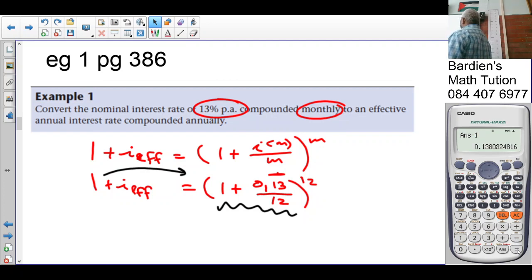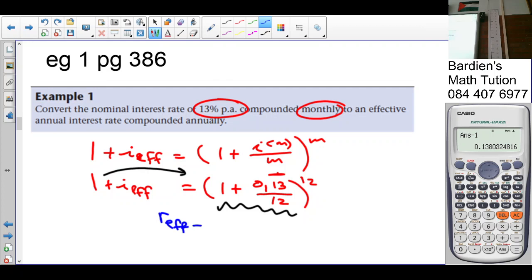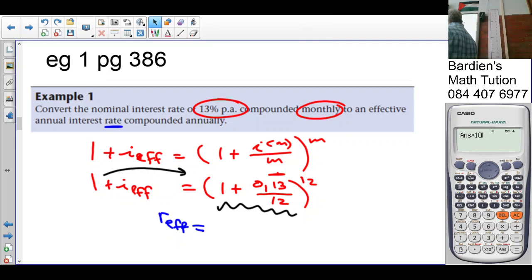That's 0.14 also, but that is for I effective. But they want your effective rate. You see, they ask for rate and not your I value. So what must we do with that answer? Multiply it by 100. It gives you 13.8%.